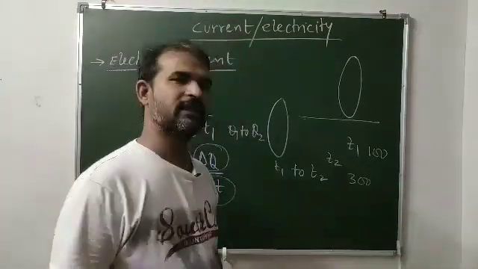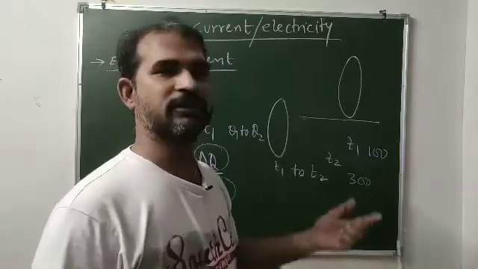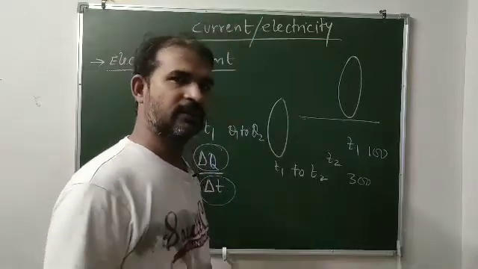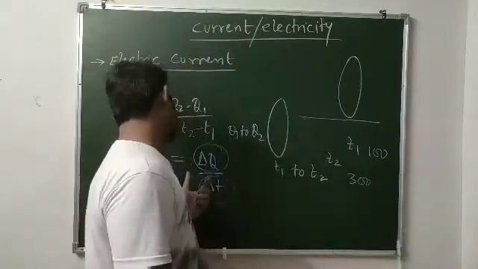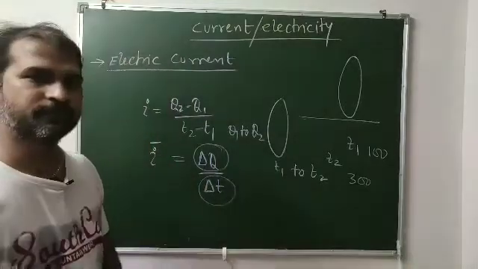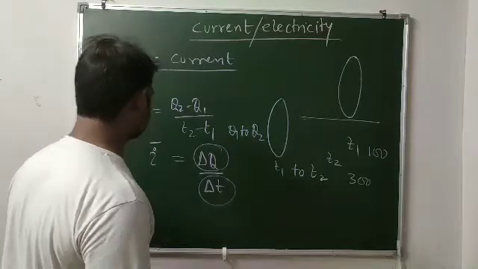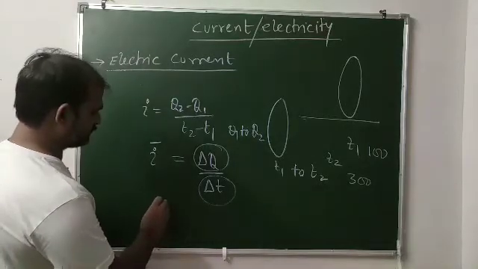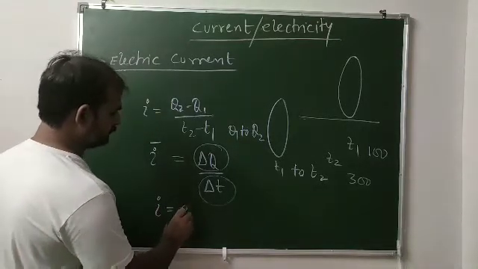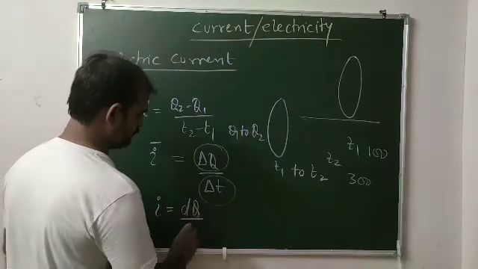In 1 second there are many nanoseconds. That is the reason this is the average value. Students, if we want to write it instantaneous, then this will become dq by dt.